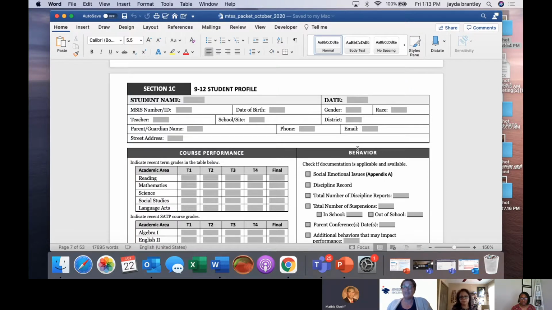Exactly right. And not only that, Sandy, I'm glad you mentioned that. It's a good talking point for teachers when they have conferences with parents. They have all of that cumulative information on the student profile sheet, and you can have a really good conversation about how the student has been progressing per subject area, how they're doing on their screeners.